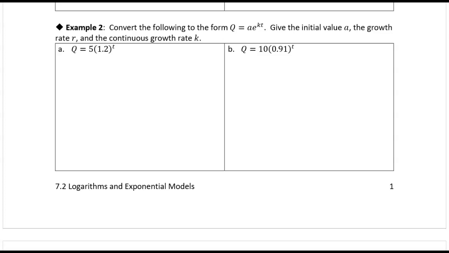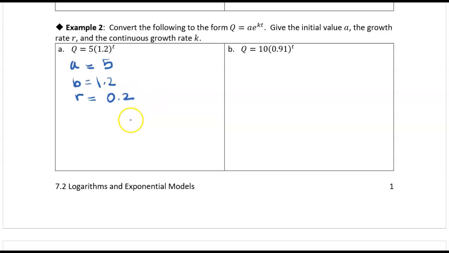Here, we know a is 5, because when t is 0, 1.2 to the 0 is 1, so the initial value is 5. We also know that b is equal to 1.2. Now we're not asked for b, we're asked for r, but we know that r is equal to b minus 1, right? So r is 0.2. Okay, so we got that already.